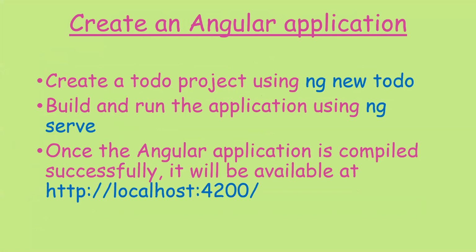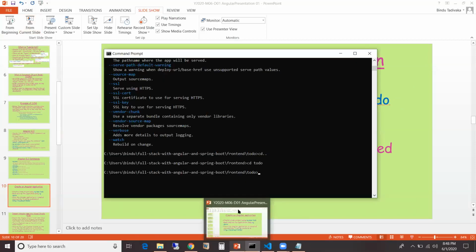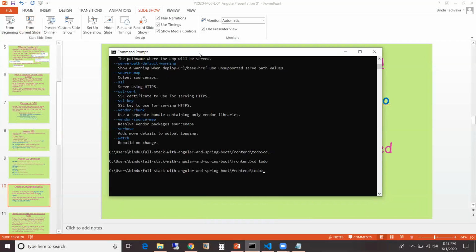So once I create the new project, I can build and run it using ng serve. So this is my command prompt, and here I do ng serve. This command will basically build all the code, and then it will launch the application.